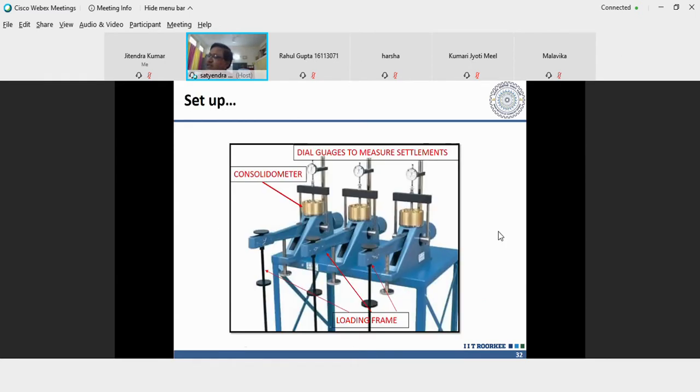This is the setup. We have in fact 2-3 big setups in our laboratory.